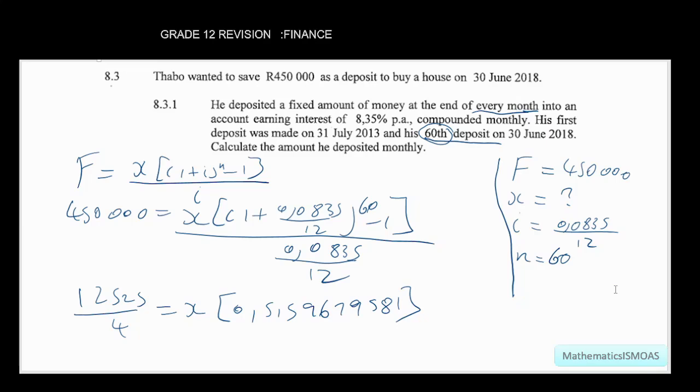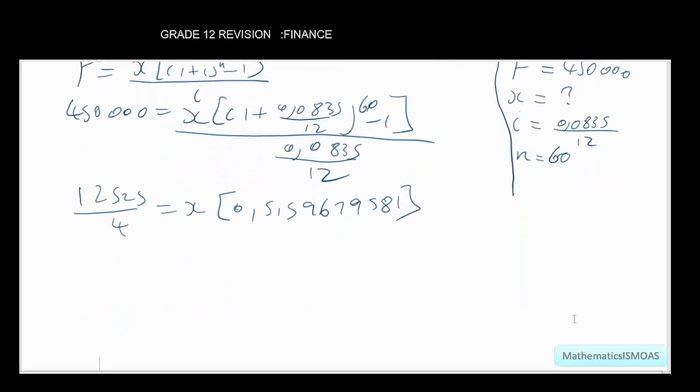And then from there, divide both sides by the square bracket, meaning 12525 divided by 4 divided by 0.515967958.